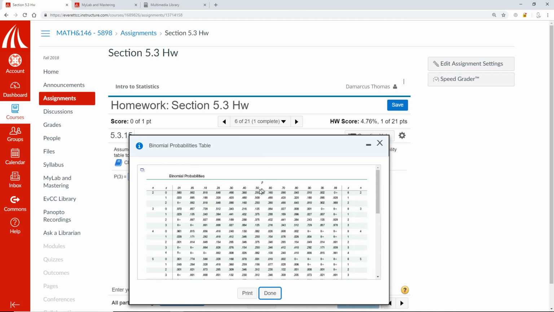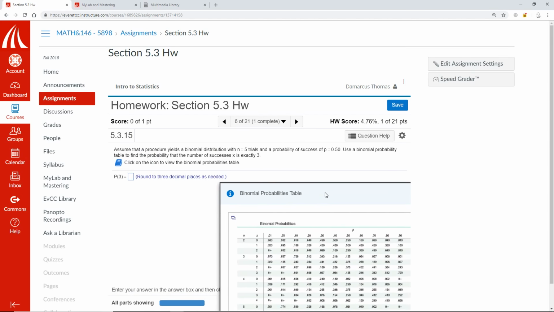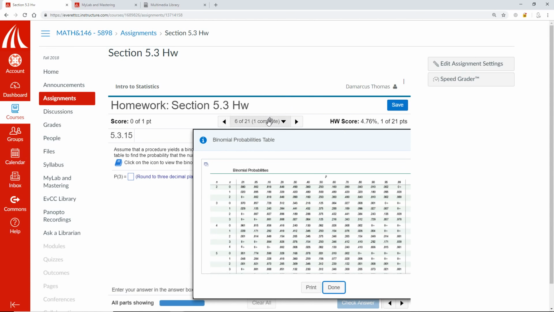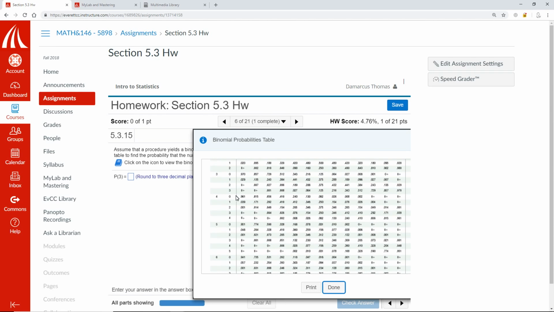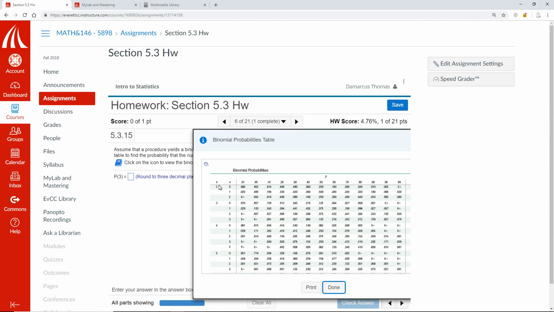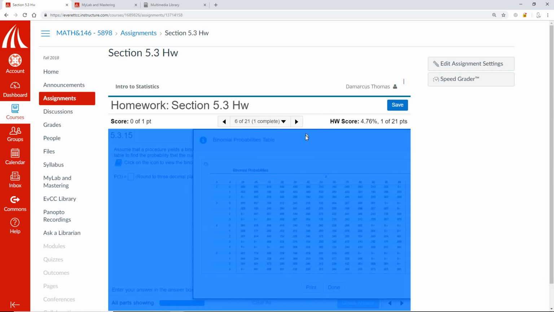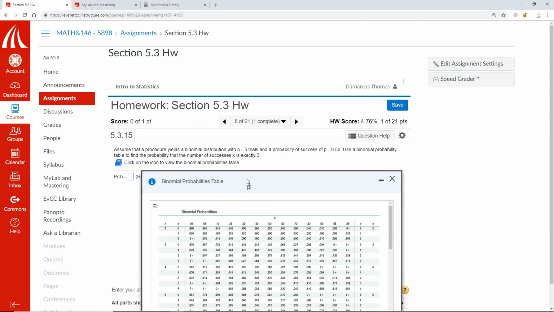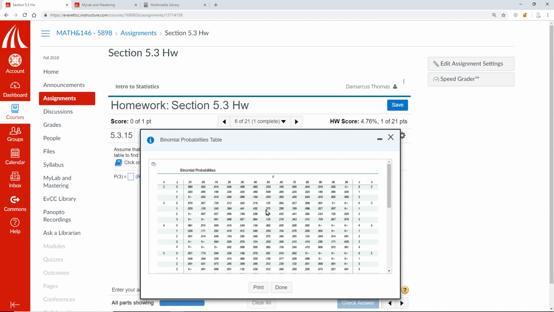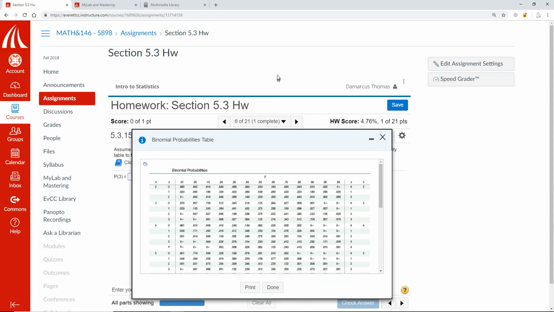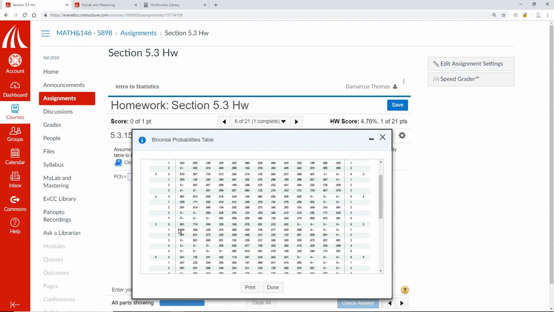And so if we don't have any technology at our disposal or batteries fell out, you could use the table and still get it right. So the way the table works is first you need to find the n value. In our problem, the n was 5. There's 5 trials, and we're going for exactly 3. So we go over to where we see 5 trials, and it lists a lot of the different probabilities, and then we go to where it's exactly 3.